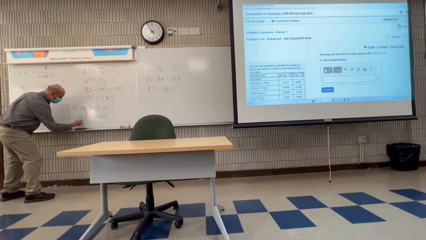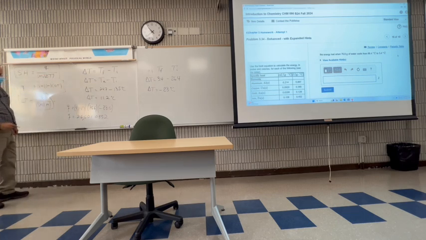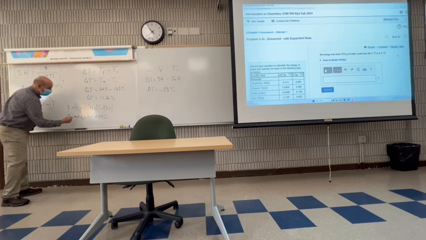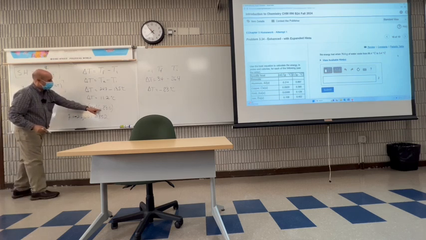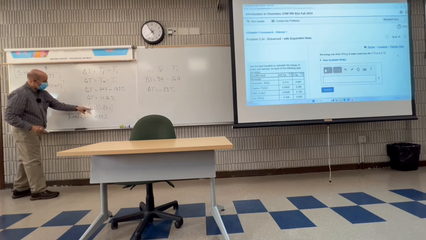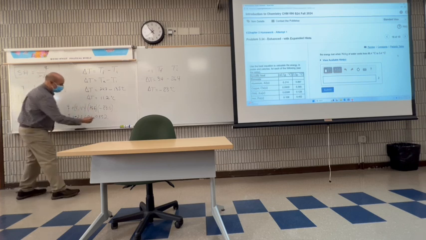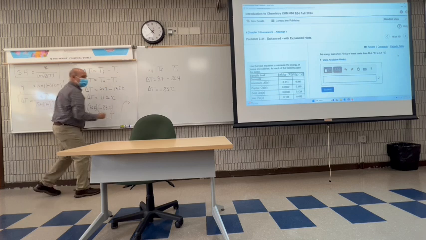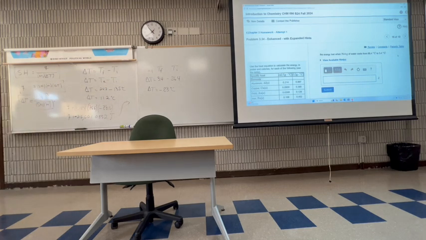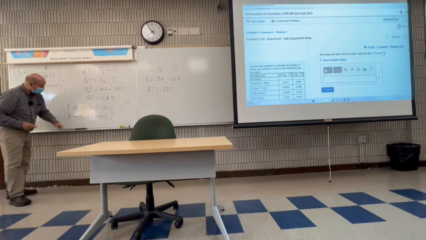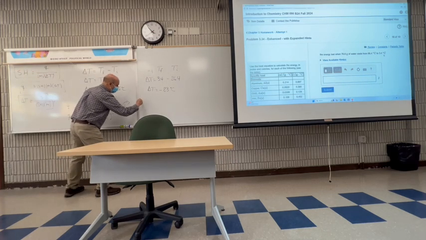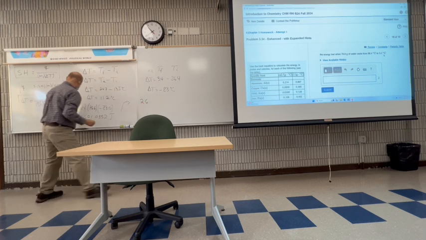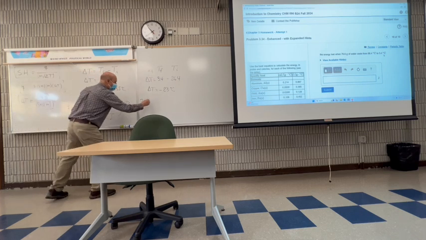So 26,601.0352, negative, because that's a negative value there. Negative times positive is negative, so negative joules. Now, they want 3 significant digits? I think yes, 3. So let's turn this into 3 significant digits. What do you think that is? 2, 6 has to stay, 6 has to stay.